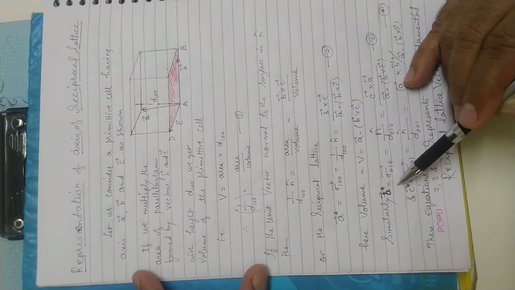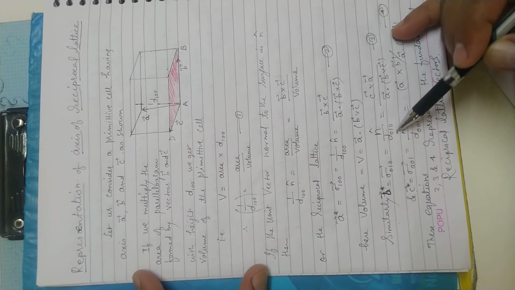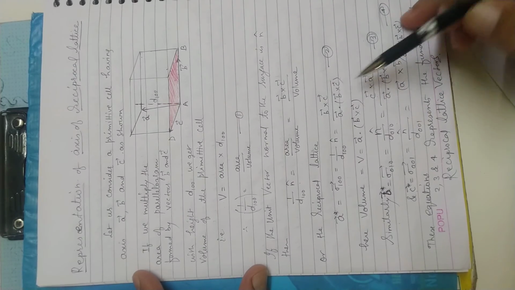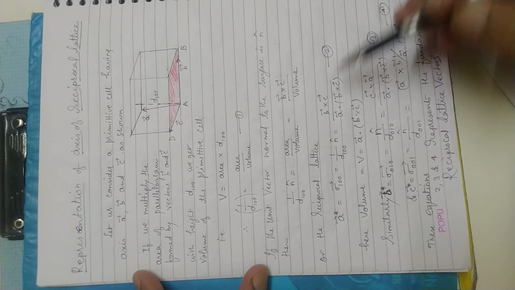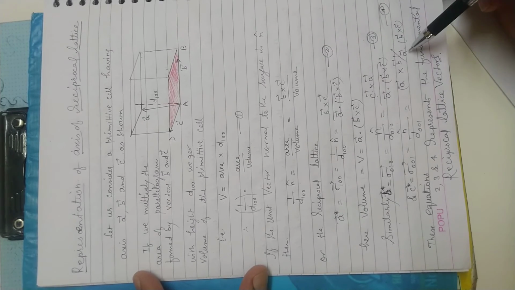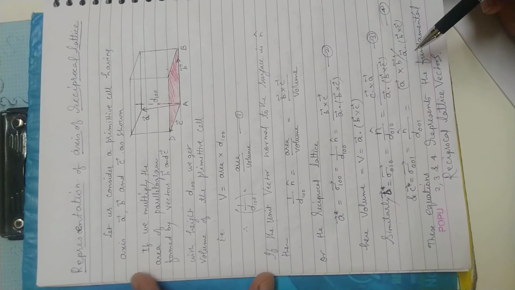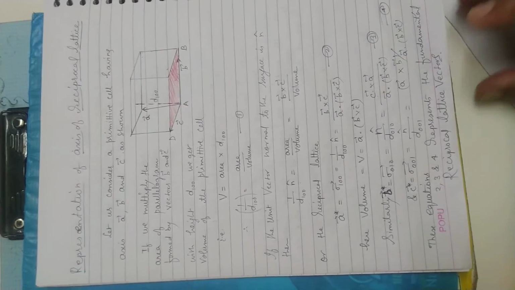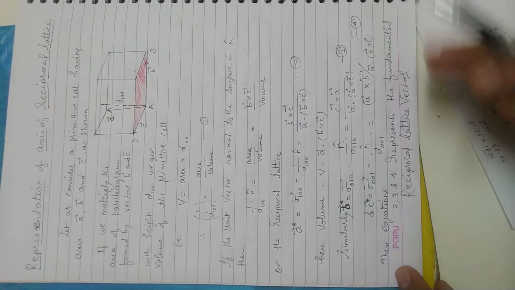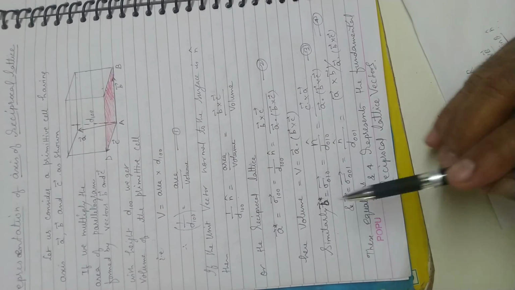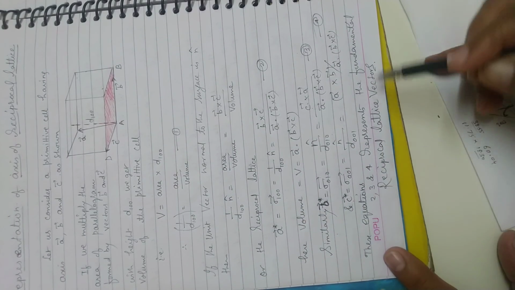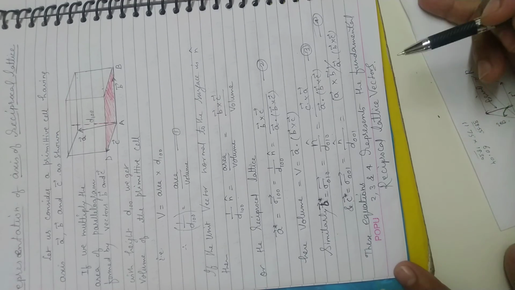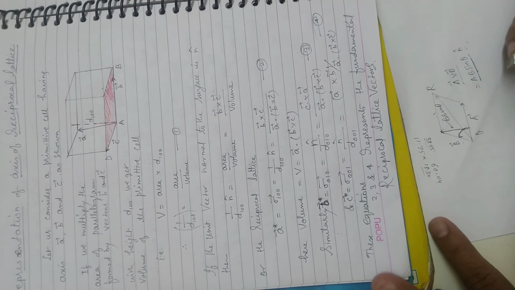So in this way, B star can be defined as n cap upon d010, C cross A upon the volume. So A star is B cross C, B star is C cross A, C star is A cross B. This is the cyclic symmetry in these particular vectors. So in this way, we come to the end of the definition of the reciprocal lattice space vectors, and these equations represent the fundamental reciprocal lattice vectors. Thank you.